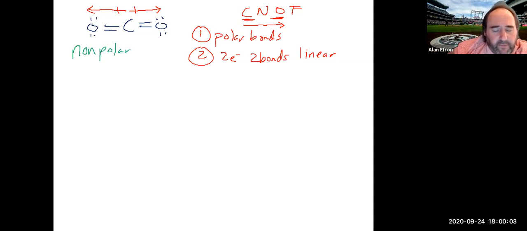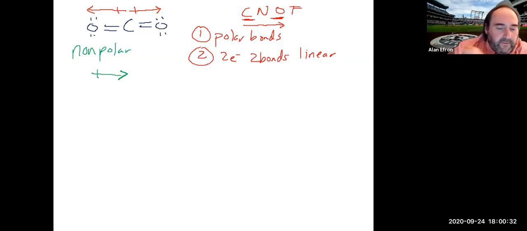And that is because when we draw these bond dipoles, these little arrows are what we call in physics, I vaguely remember, vectors, I think. And vectors have direction and magnitude. Then I fell asleep, but I think I woke up long enough to remember that in certain cases they add to each other, and in other cases they cancel each other out.